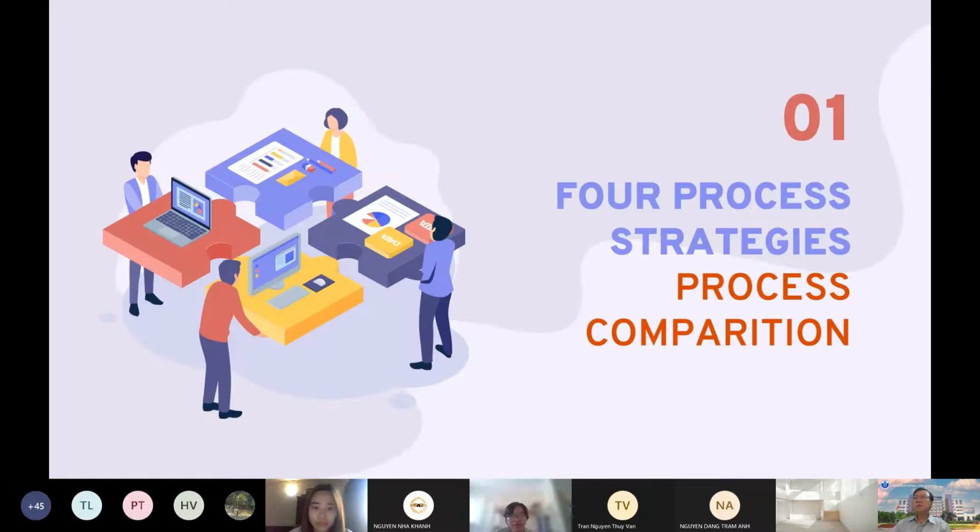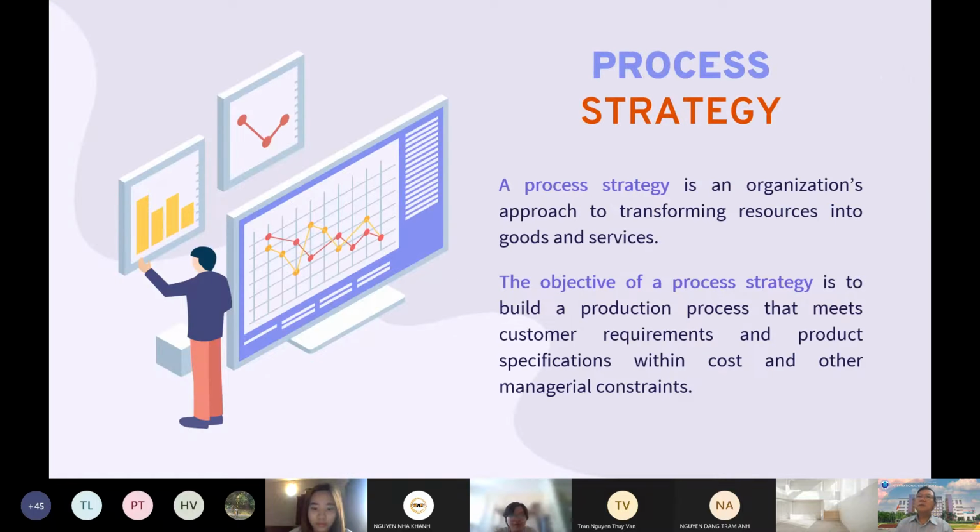Going to the first one, process strategy is an organization's approach to transforming resources into goods and services. The objective of process strategy is to build a production process that meets customer requirements and product specifications within cost and managerial constraints.